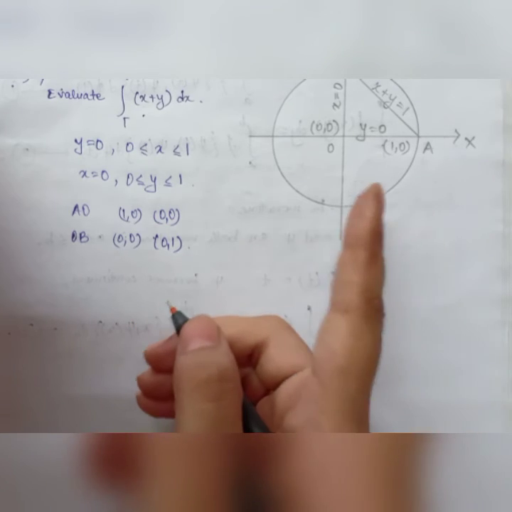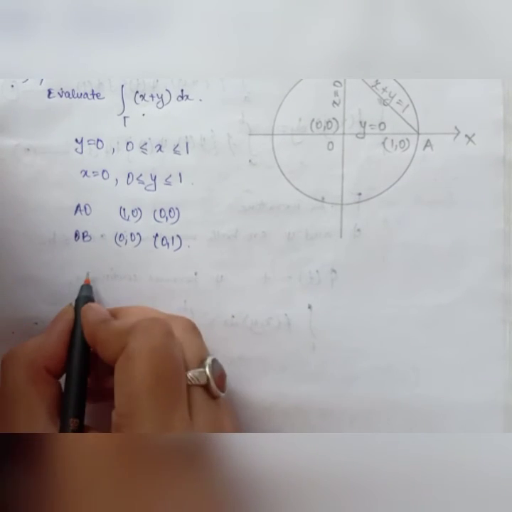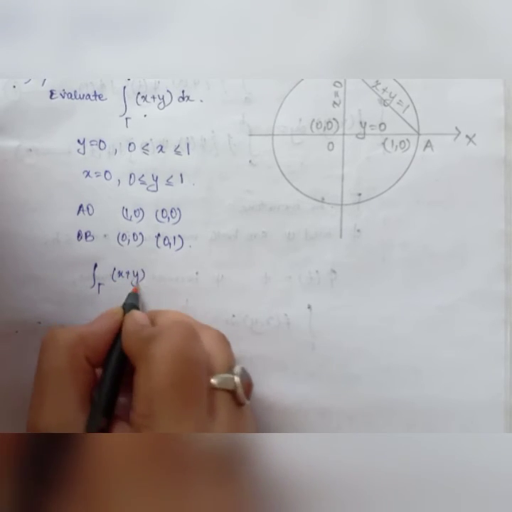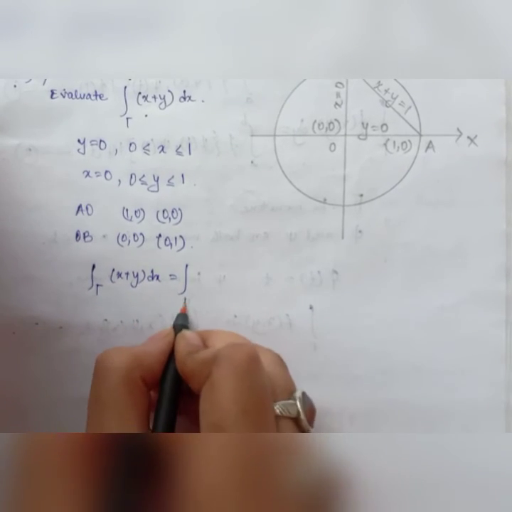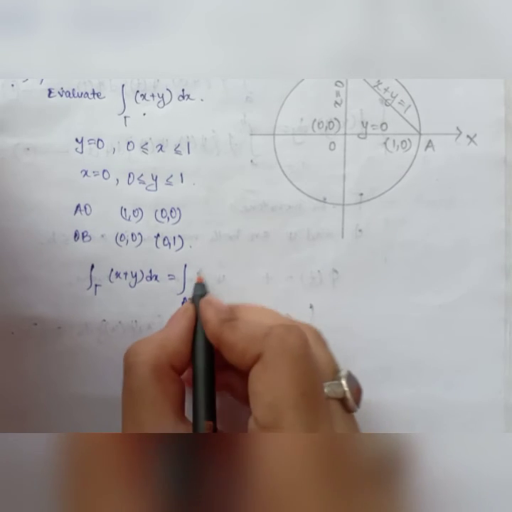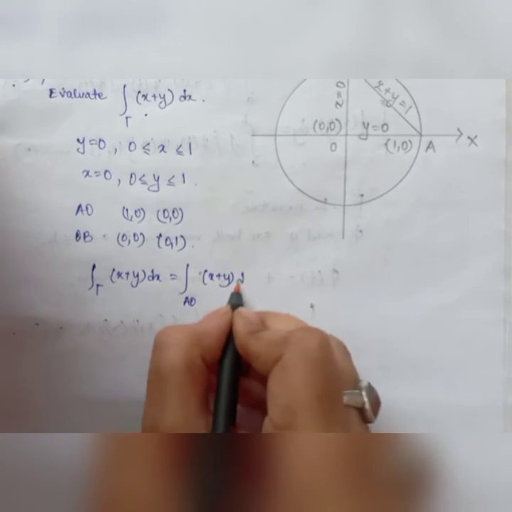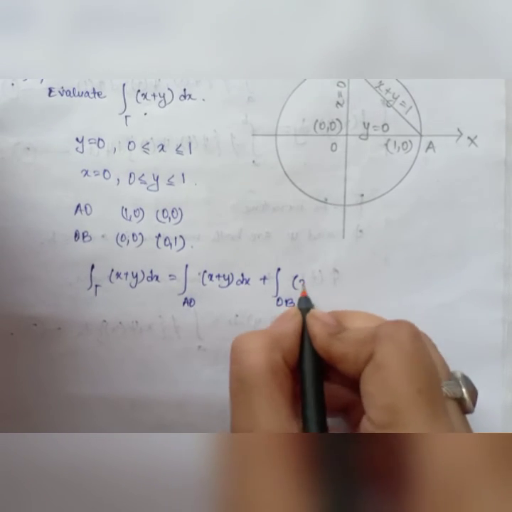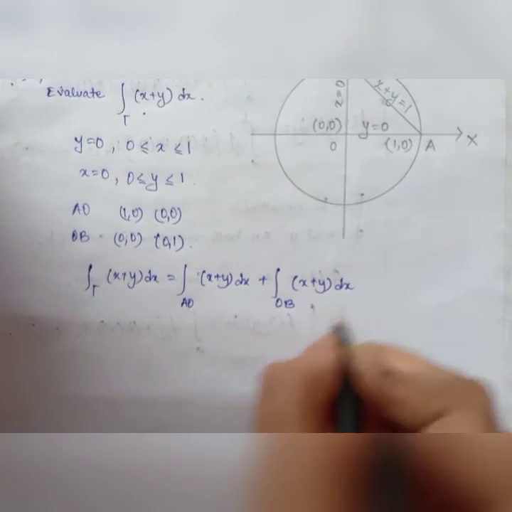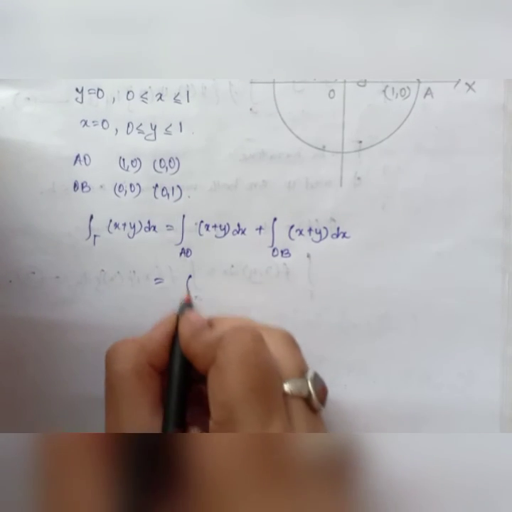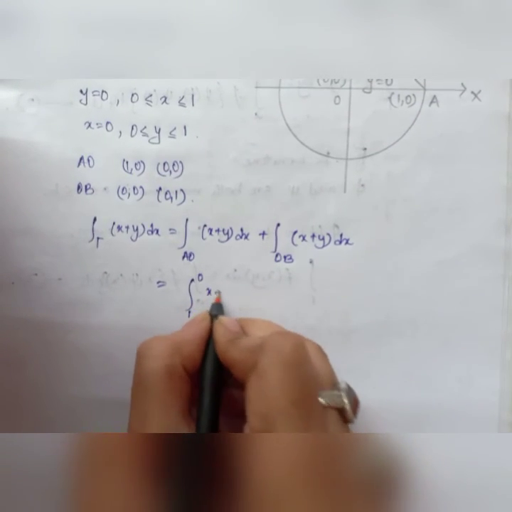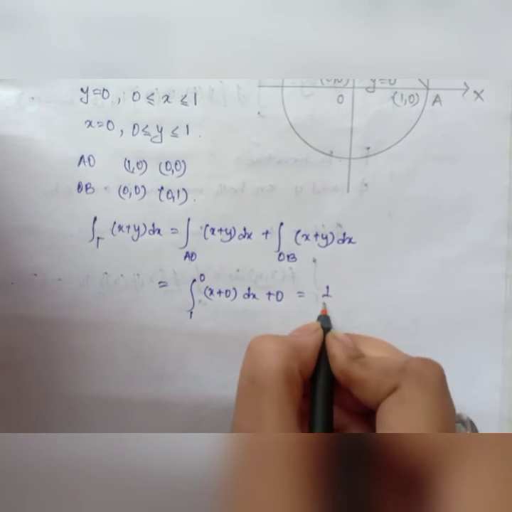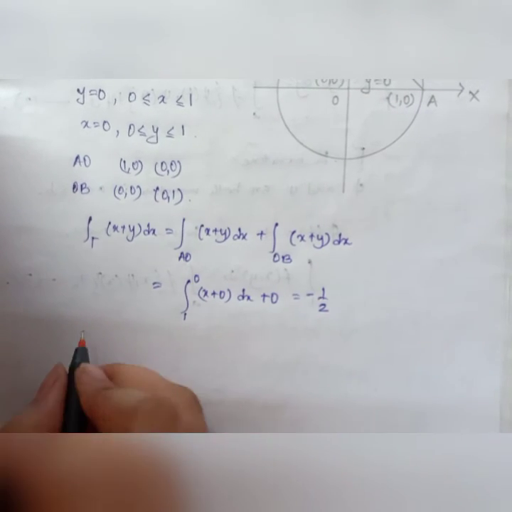So using the given figure, we can write that integration x plus y dx equals integration along the curve AO x plus y dx plus integration along the curve OB x plus y dx, which equals integration 1 to 0 x plus 0 dx plus 0, which gives us minus half.